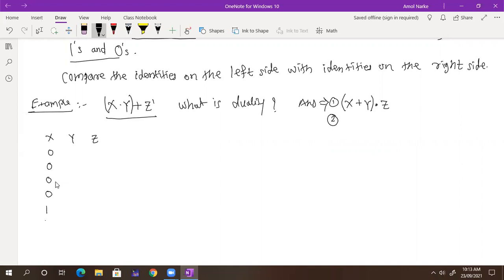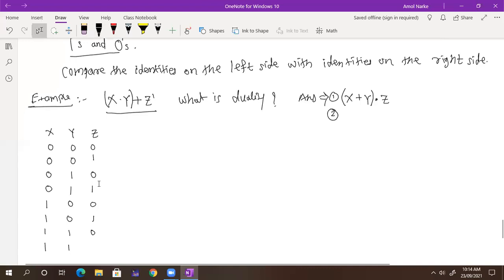So is it 1, 2, 3, 4, 5, 6, 7, 8? Then 0, 0, 1, 1, again 0, 0, 1, 1. And here alternate 0, 1, 0, 1, 0, 1, 0, and here I have 1.